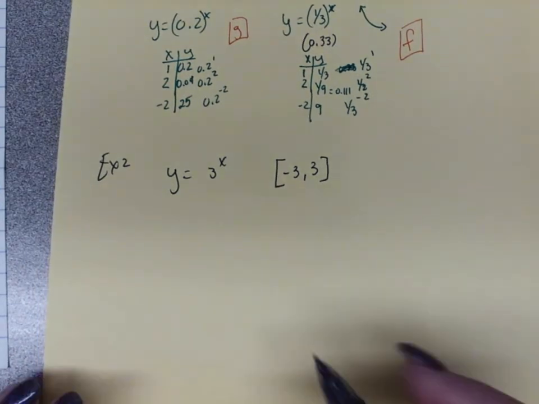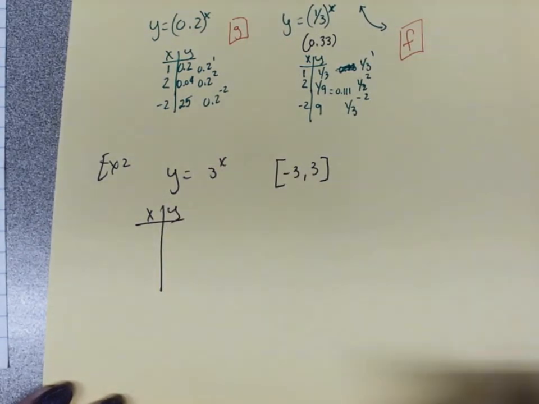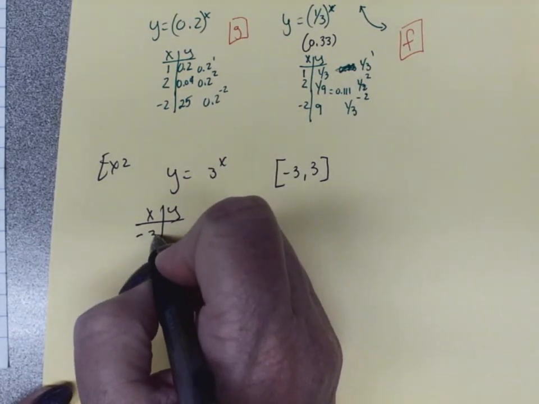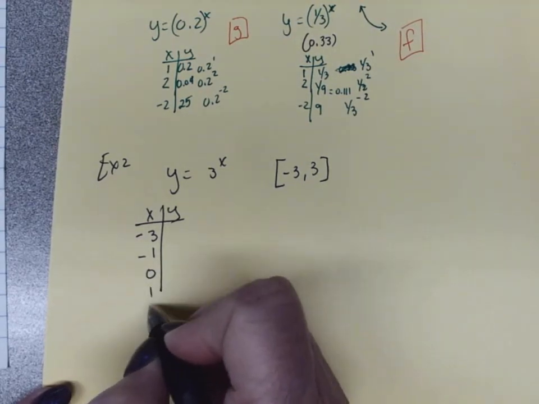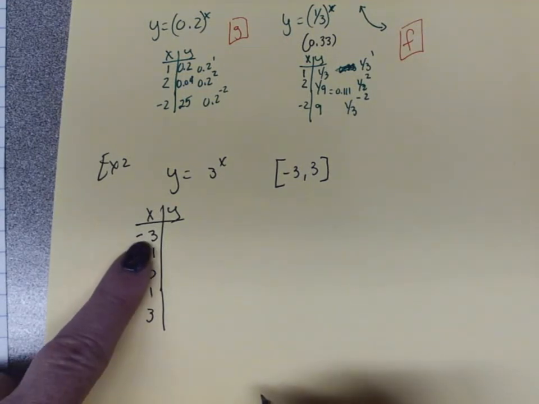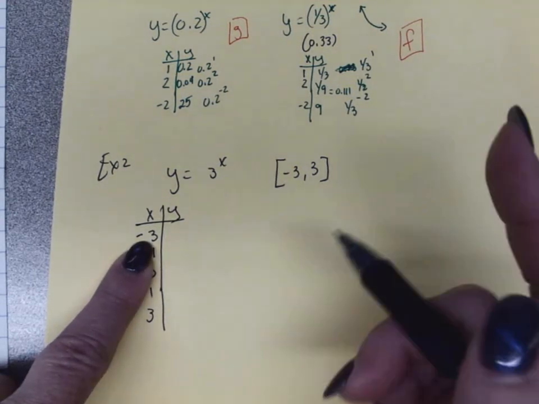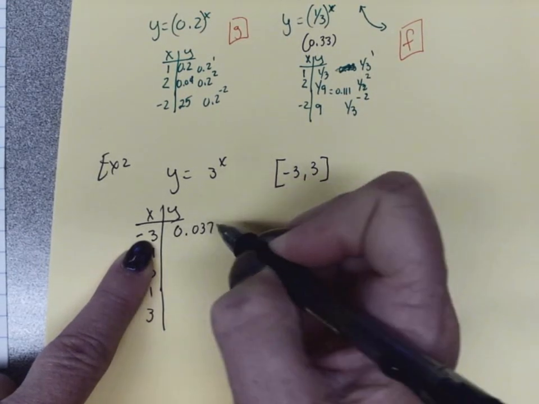So let us make a t-chart for this one. So we're going to do several points. I'm going to do -3, -1, 0, 1, and 3, because I want to get a good graph as I draw it. When I raise 3 to the -3, I'm going to get 0.037.